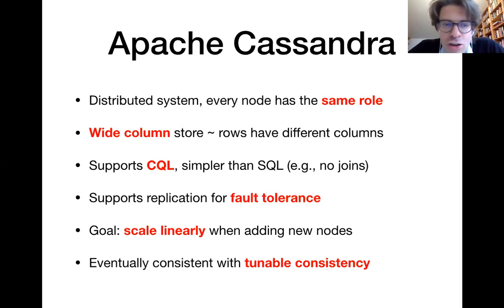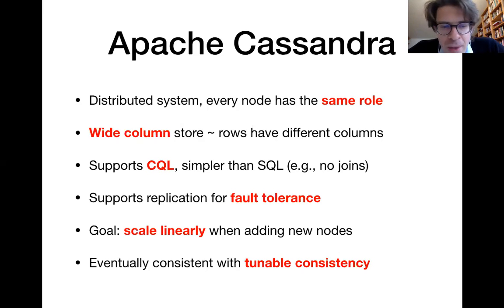It supports a language called CQL, or Cassandra Query Language, which in a way is a simplification of SQL, because, for instance, you cannot do things such as joins, which makes it also easier to support it efficiently.